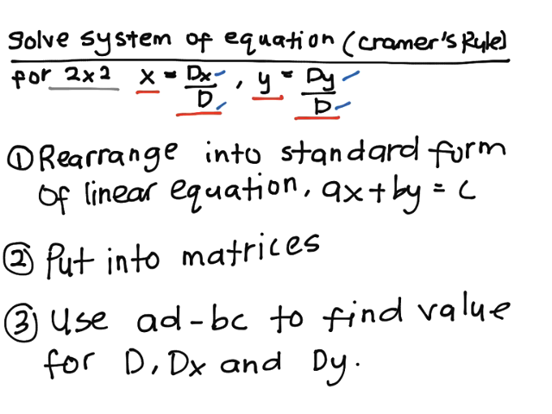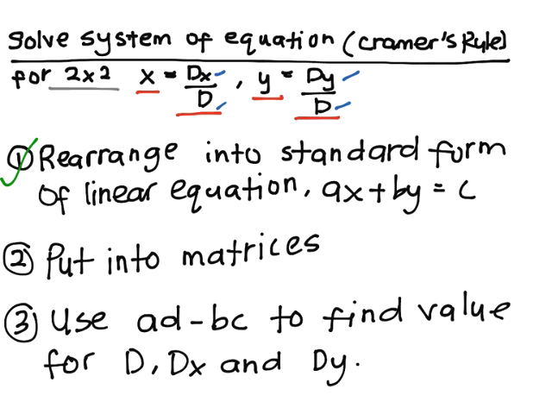So the first thing that we need to do whenever we are doing Cramer's rule for 2 by 2 is to always rearrange our system of equations. We always will have two linear equations.